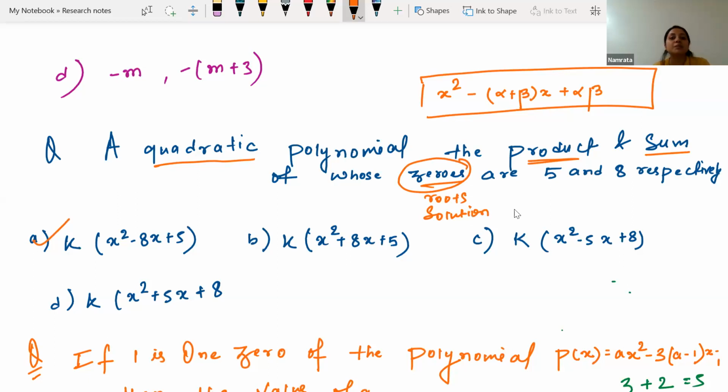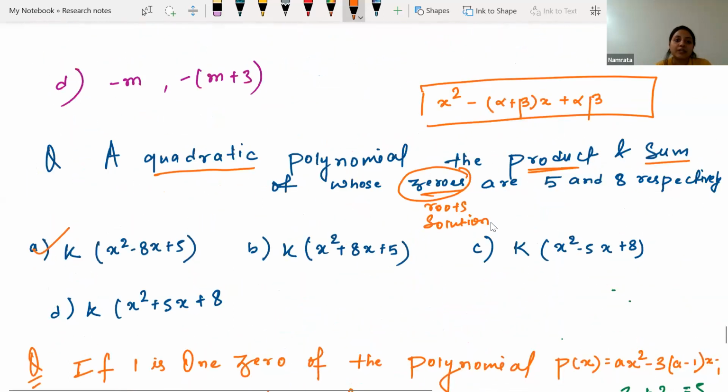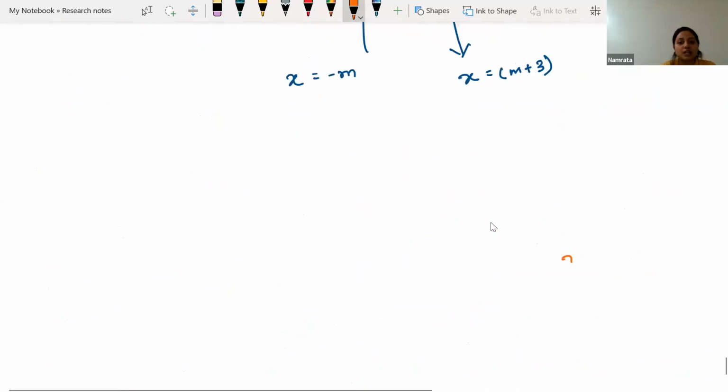What is the meaning of the zero? Zero means the x value. When we solve this type of equation, x square minus 5x plus 6, we were getting x values as 3 and 2. These were the zeros.